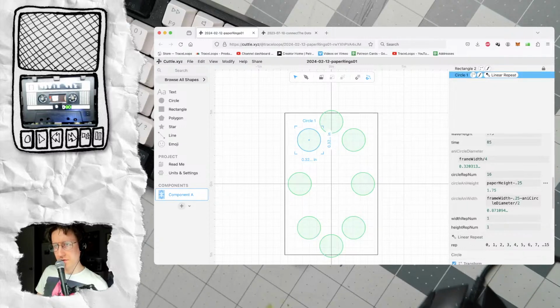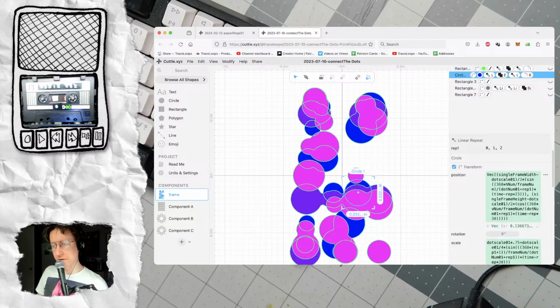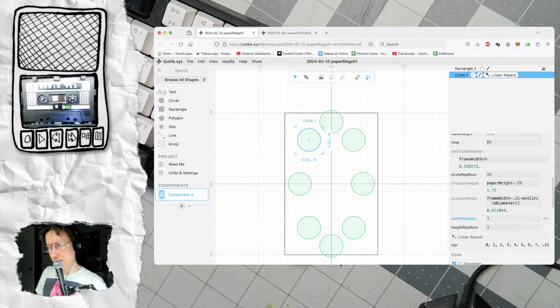I'm only trying to get this from point A to point B. This is always tripping me up, and I don't know why. Divided by frame number, divided by dot number. Okay, I am missing a component.